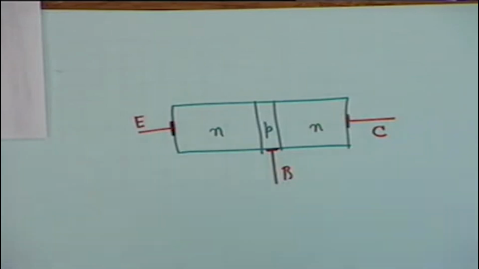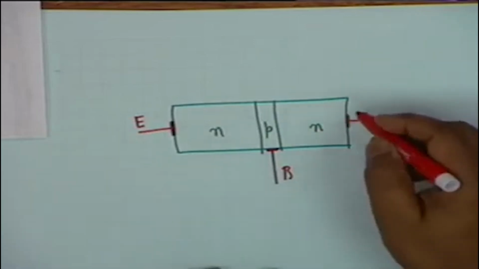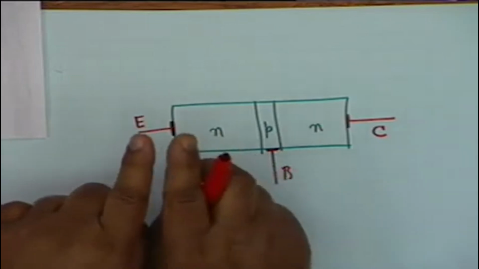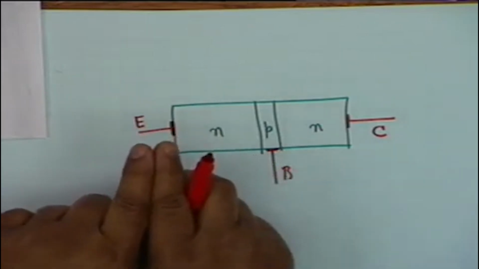What is the use of N plus? Okay. N plus is almost like a metal. It is a heavily doped semiconductor, and therefore its conductivity is very large, and therefore it behaves almost like a metal, and then it allows a metal deposition very easily. You see, whenever two dissimilar materials come in contact, there is a contact potential.